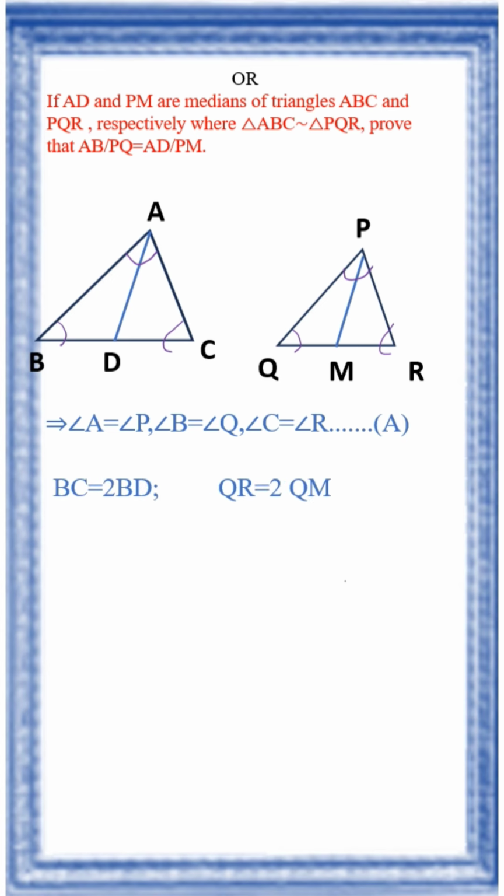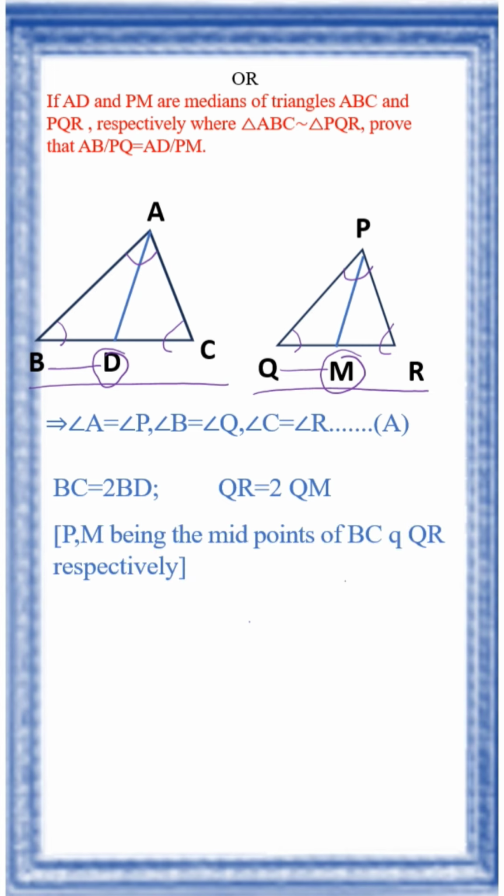Let this be equation number A or 1, whatever you can put. We can also observe that instead of BC we can write 2BD. Instead of QR we can write 2QM. Why? Here observe that D is the midpoint of BC, M is the midpoint of QR. It implies that now we had one relation there, AB by PQ.